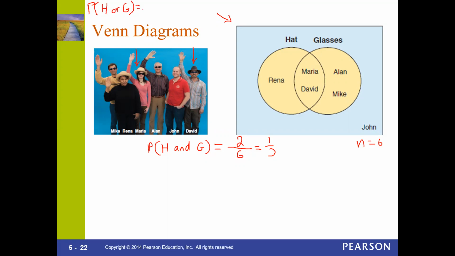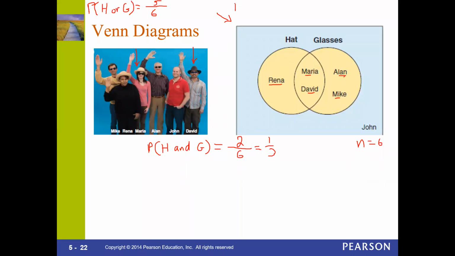The first thing you can do is count out of 6. Then you can just count the people: 1, 2, 3, 4, 5. That means it's 5 out of 6.